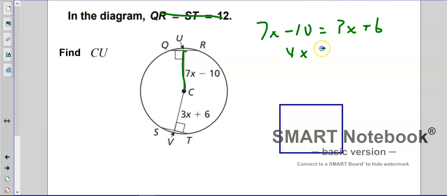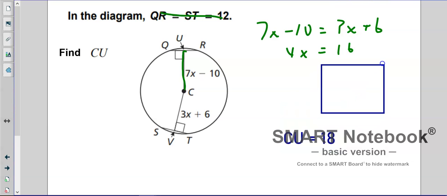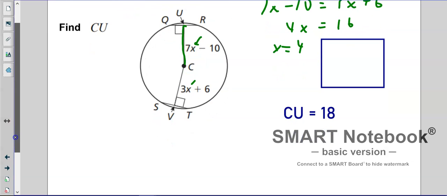So this gives me 4x equals 16, and therefore X is 4. And when we plug it in, 7 times 4 is 28, minus 10 is 18, or 4 times 3 is 12, plus 6 is 18.